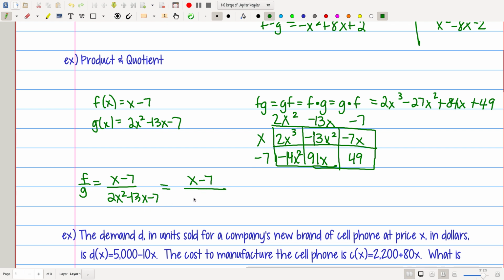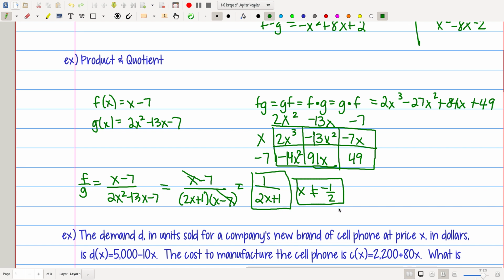If you reverse box the bottom, you get 2x plus 1 and x minus 7. Okay, so we know those cancel, and I've got 1 over 2x plus 1. And so remember, just a refresher, that bottom can't equal 0. So if I set that equal to 0, x cannot be negative 1/2. Okay, so there's your quotient, there's your domain, or the restrictions on the domain.